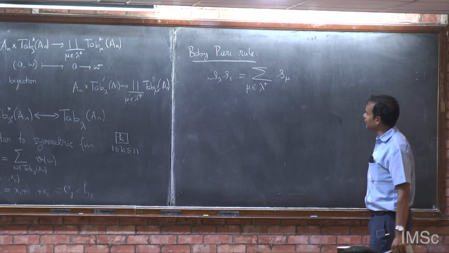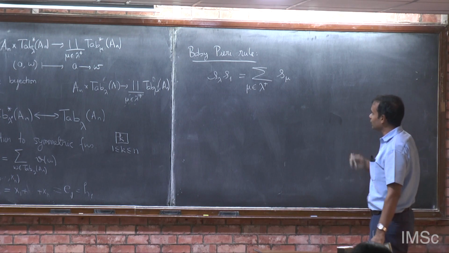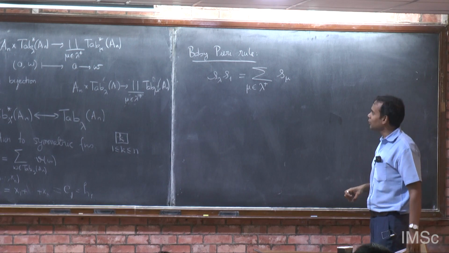And in terms of representation theory, this using Frobenius reciprocity corresponds to the following.